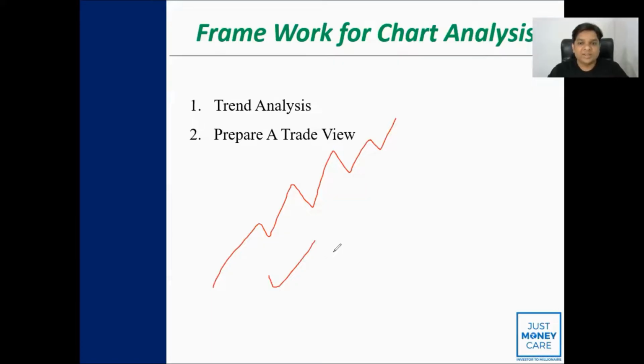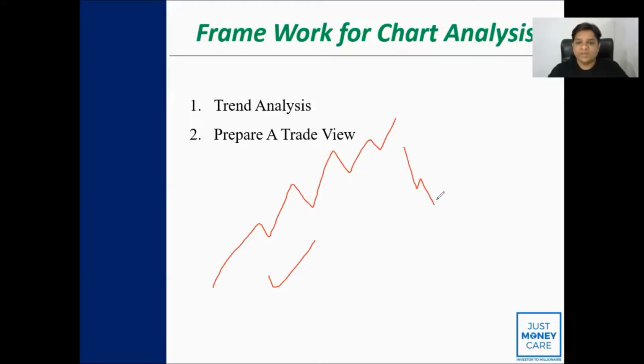Don't go for short selling in an uptrend. This is the first rule. I hope you are making many notes in your notebook. Whenever you want to buy, check the trend. If the trend of the stock or market is upside, then only buy. Otherwise, leave it, but don't go short.